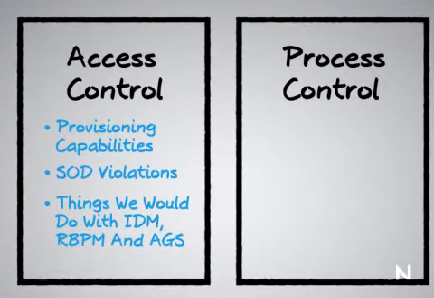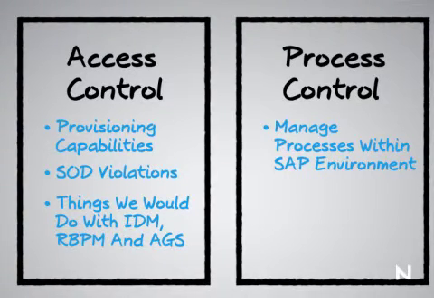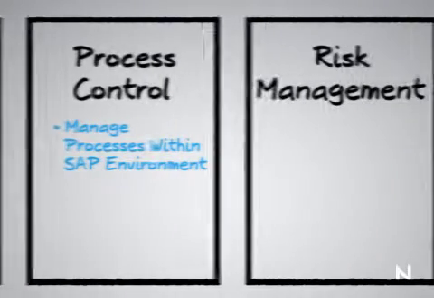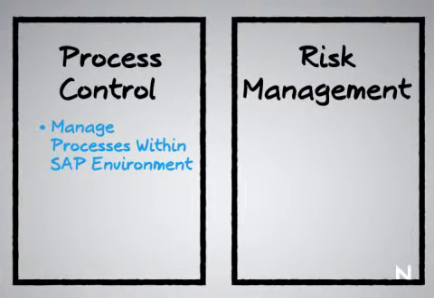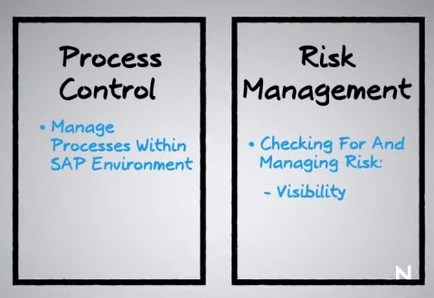The process control piece allows us to go through and manage the actual processes. That's what a customer would use it for within the SAP environment. And then risk management is the component that is checking and doing all the various aspects that come into managing risk, whether it's visibility to the information or whether it's approvals, things of that nature. So a lot of capability there.